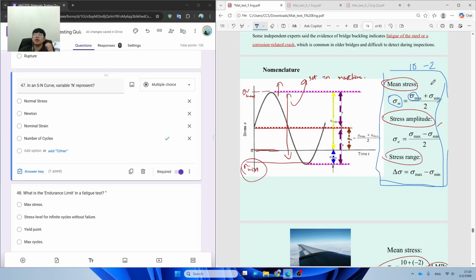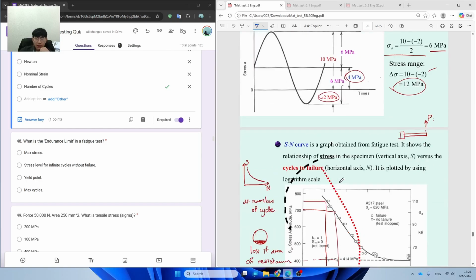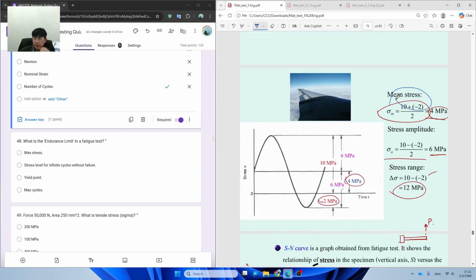So 8 divided by 2 is going to be 4. The stress amplitude is going to be 10 minus the minimum, and minus minus is plus, so this one is going to be 6 megapascal. And the stress range is going to be determined by stress maximum minus stress minimum. You can just follow this.